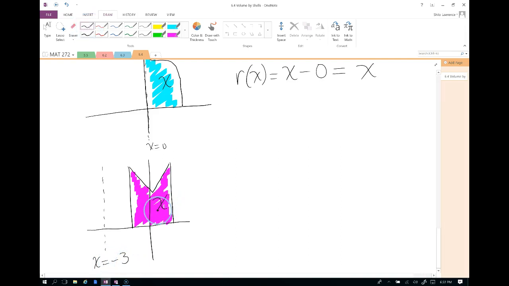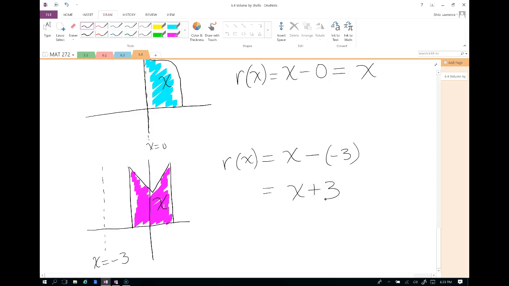Remember, our region is x. And if we wanted to set up a radius function for this, do right minus left. So the one on the right is the region. And then subtract the one on the left, and that's the axis of revolution, which has a value of -3. This one's actually going to turn into addition, because we're subtracting a negative. So that's possible as well.